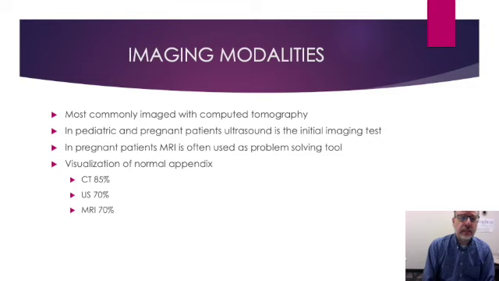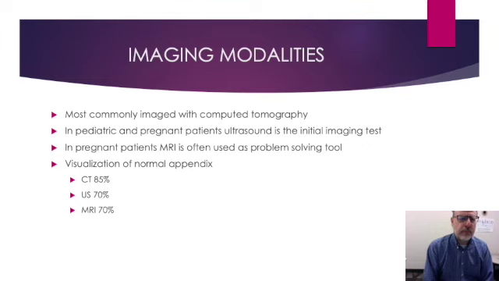In pediatric patients and pregnant patients, due to concerns of radiation, ultrasound is often the initial imaging test. In pregnant patients and pediatric patients as well, MRI can be used as a problem-solving tool if the ultrasound is indeterminate.